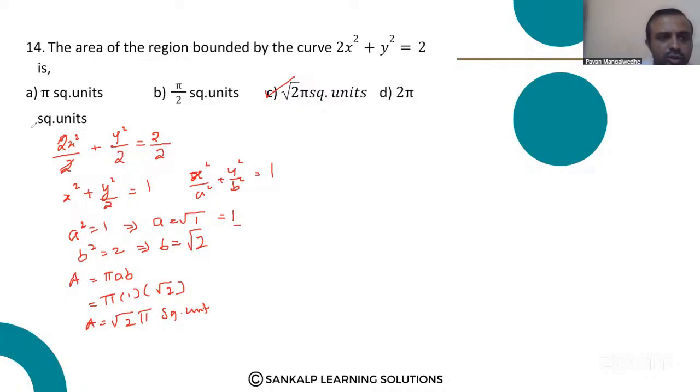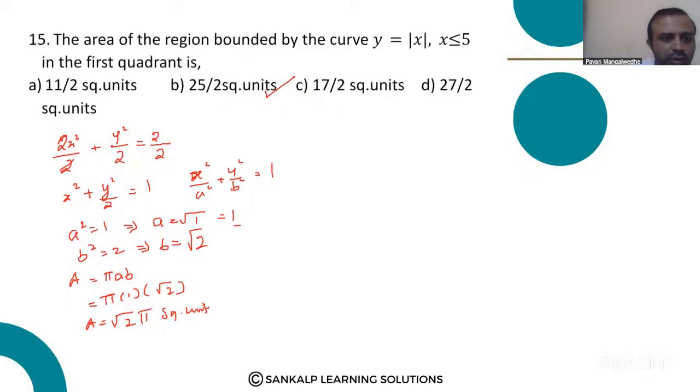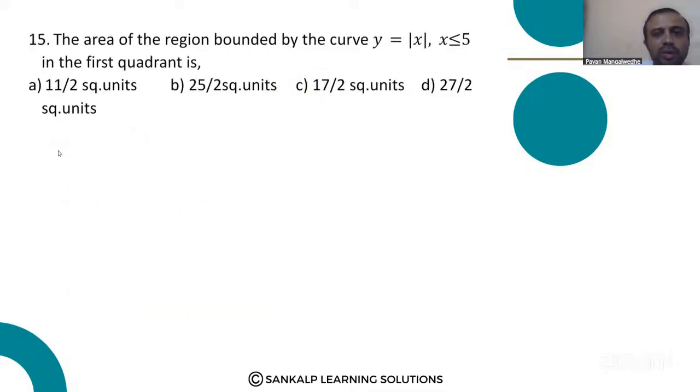So next question, question number 15, that is: the area of the region bounded by the curve y is equals to mod x, where x is less than or equal to 5, in the first quadrant is what?